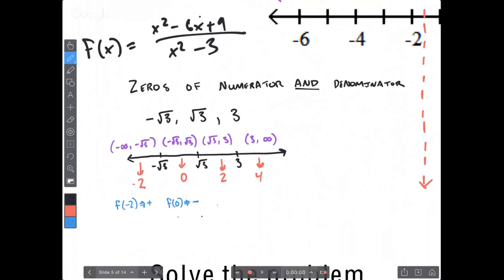okay, here we have f of 2 in this interval. And f of 2, we've got 4 minus 12. That's negative 8 plus 9. Oh, that's 1, so that's positive. 2 squared is 4 minus 3 is 1. Positive. F of 2 is positive.